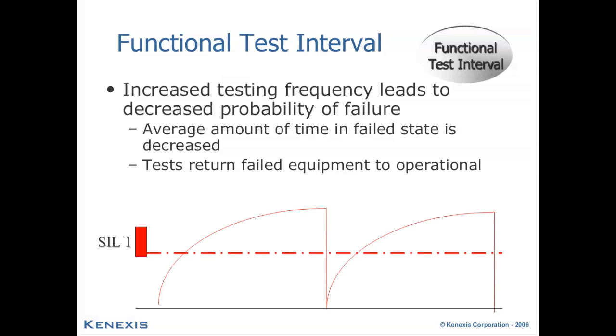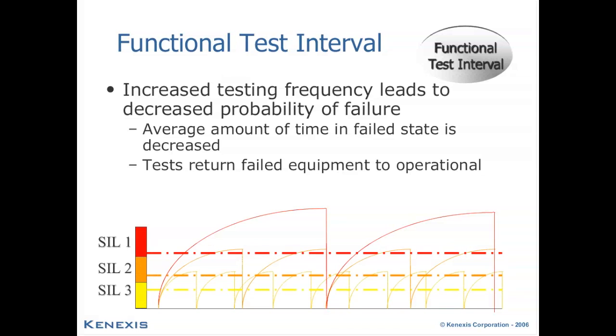So for a SIL 1 requirement, we may have, say, turnaround testing intervals of every 2, 3, or 4 years, depending on the type of architecture that we've selected. For SIL 2 or SIL 3 requirements, this would yield typically more frequent functional testing requirements of, say, annually for SIL 2, and in the case of SIL 3, depending on the architecture that's been selected, may require something as often as quarterly functional testing.